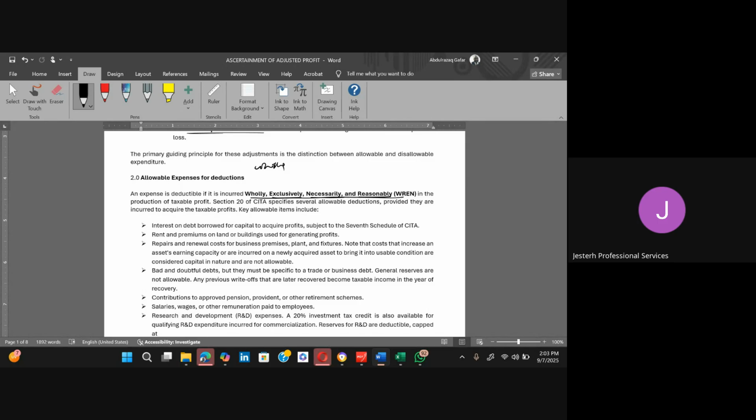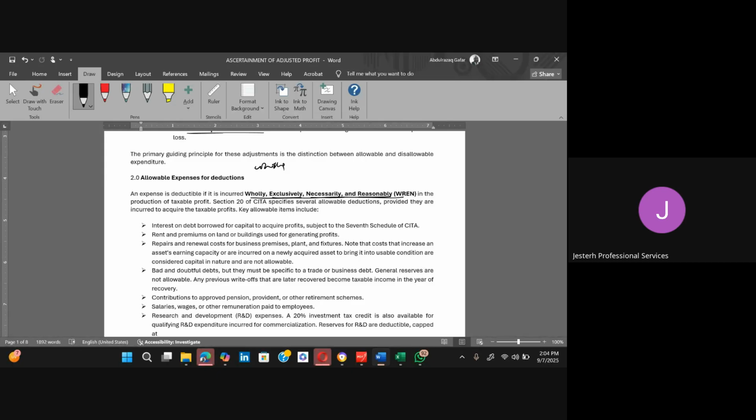And how do we consider that an expense satisfies the principle? Number one, such expenses must be wholly spent for the business, which means you cannot bring a personal expense into the business and think that you are going to use that to reduce your tax. It will not be acceptable.